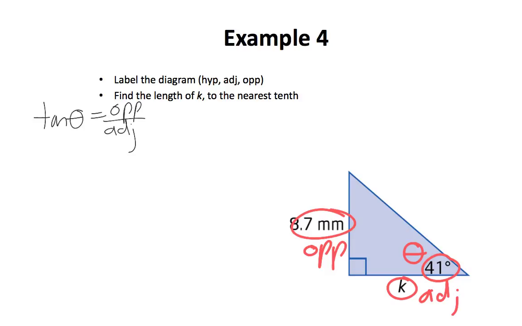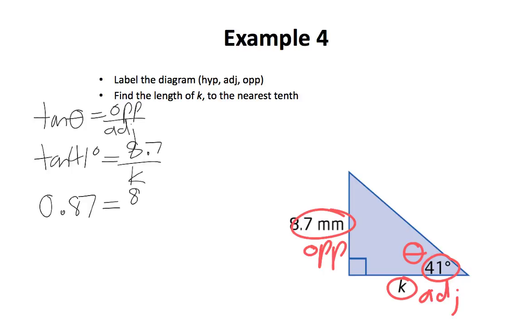Next, we want to substitute in our known values. So instead of writing theta, I'm going to write 41 degrees. And instead of writing opposite, I'm going to write 8.7. And instead of writing adjacent, I'm going to write k. You're going to take your scientific calculator and input the tan of 41 degrees, and you should get approximately 0.87.